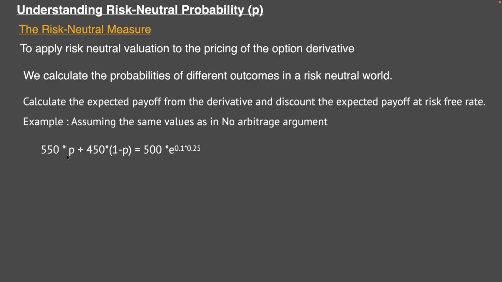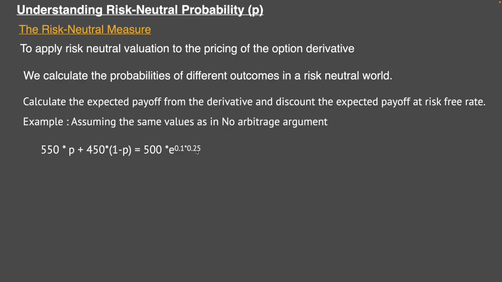So this is the calculation which we did, that in case the price moves up to 550 and the probability of up move is P, plus the initial stock price, that is the underlying price, moves from 500 to 450 and its probability is 1 minus P, that should be equal to the stock price S0 500 moving by a constant factor of 0.1, that is the risk-free interest rate of 10% for a period of capital T, which is 3 months.